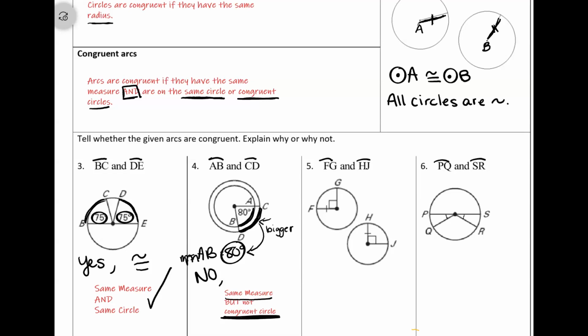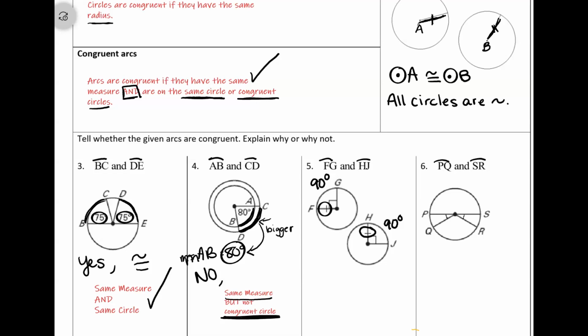Moving on to number 5, it's talking about FG and HJ. First, do they have the same measures? Well, this one measures 90 degrees. This one measures 90 degrees. So it meets the first condition of having the same measure. They are not in the same circle, but are they in congruent circles?